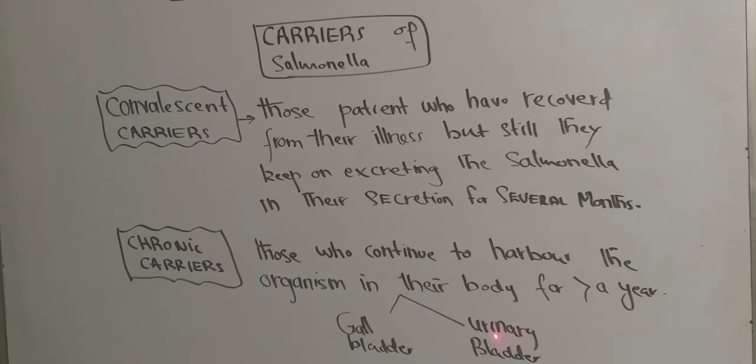But in Africa and the Middle East, there is schistosomiasis which has a urinary axis in the patients, and the urinary bladder holds the organism of Salmonella typhi in these patients. So these are known as the chronic carriers. These are two categories of the carriers of Salmonella.